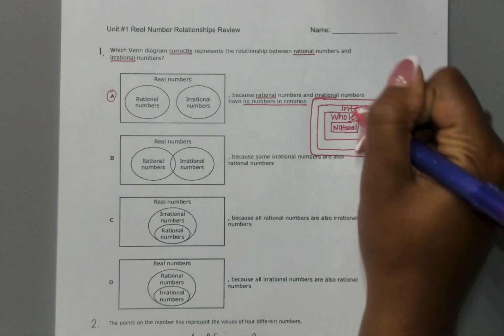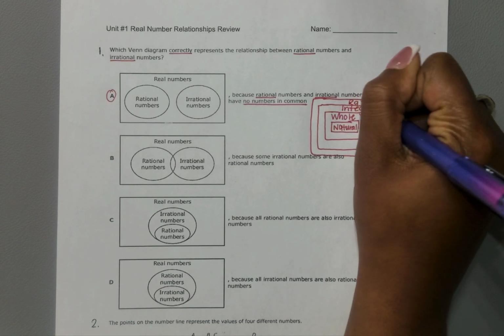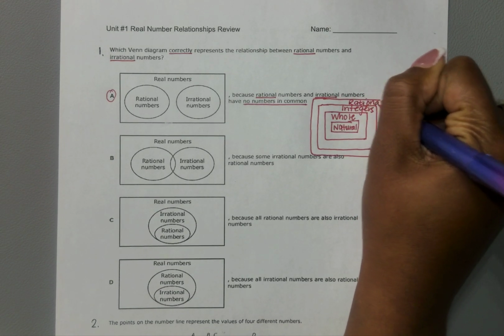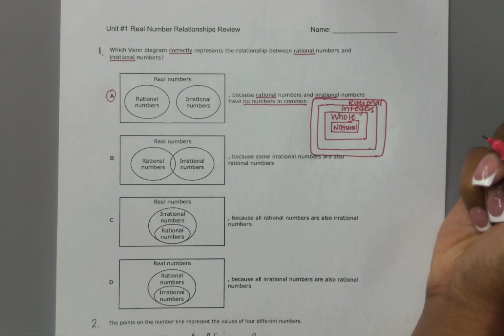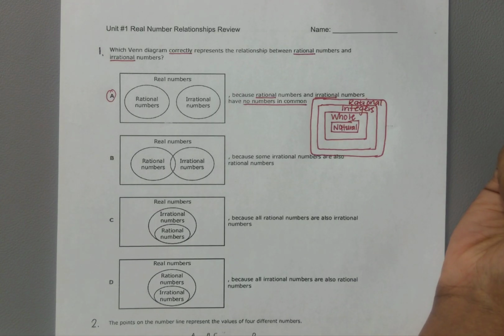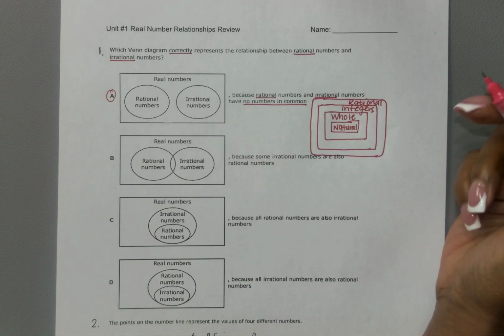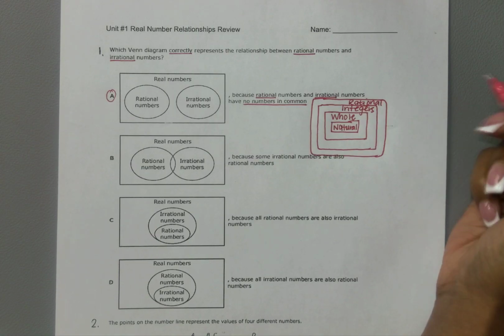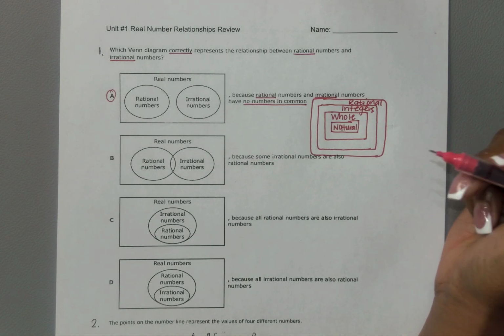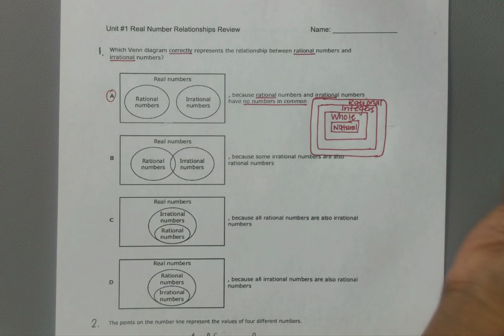So remember, rational numbers are numbers that can be written as a fraction. They are repeating decimals and terminating decimals. So decimals where the numbers repeat in a pattern or if the numbers come to a stop.